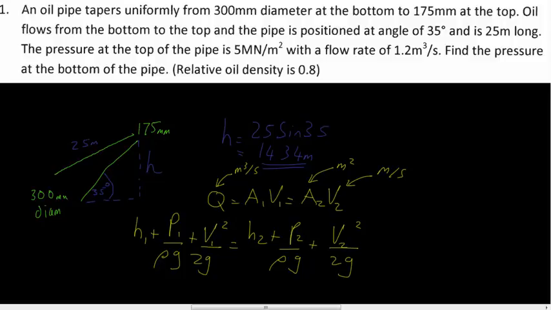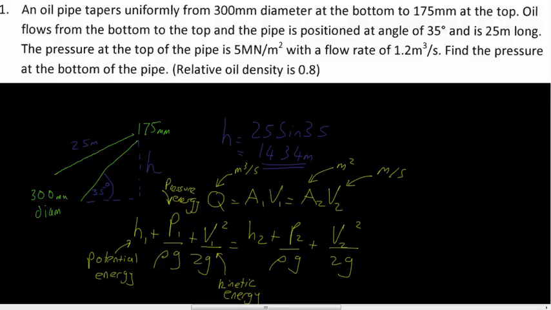Bernoulli's: H1, this part here, is our potential energy. This part here is our pressure energy. And this part here, the V squared, is our kinetic energy.